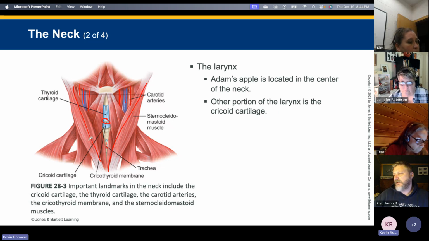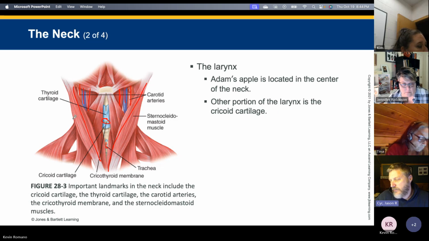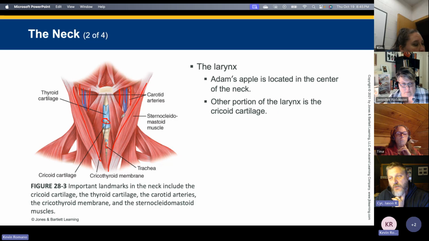Kevin? Yeah, go ahead, question. So you said that the carotid arteries are further out, and the veins, the jugular veins, are in. So what you're feeling when you're palpating for a pulse is the carotid artery, correct? Not the veins. Correct.